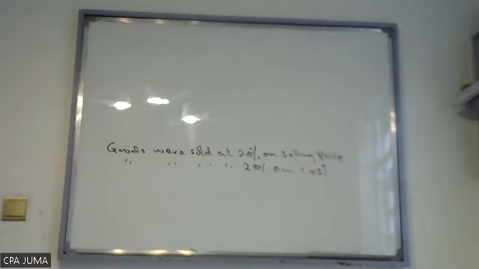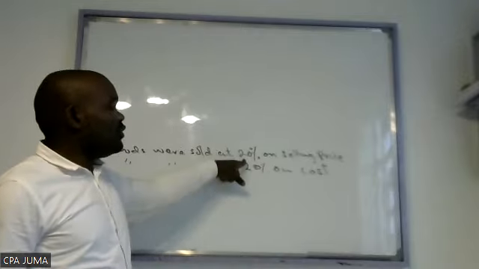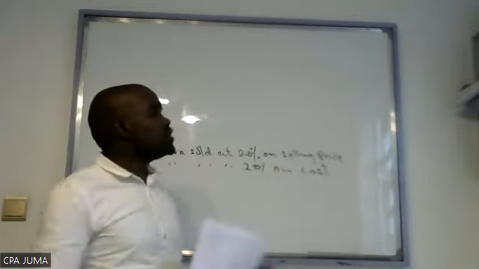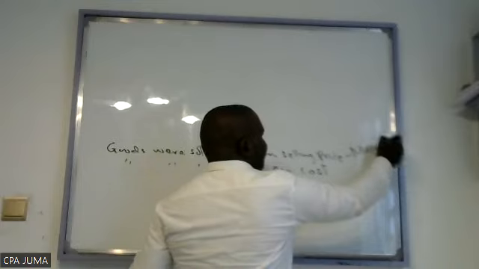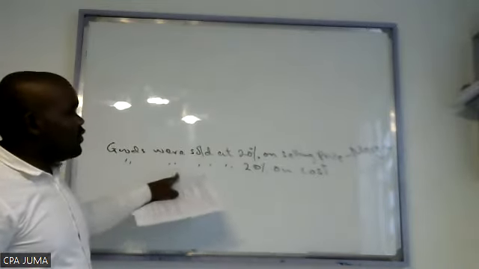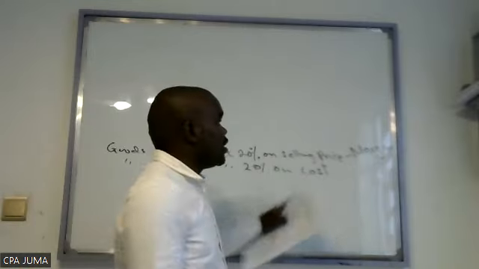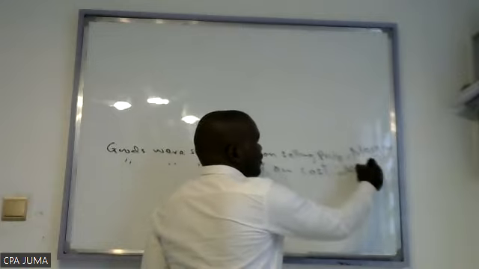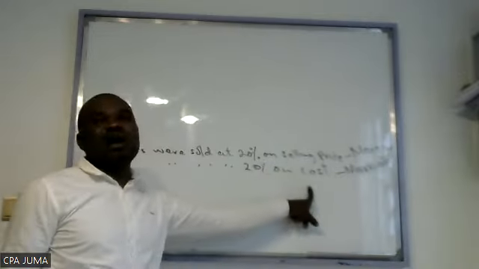The first one, profit on selling price, is margin. But if they say the profit is on cost, then this is not margin. This is markup. Profit on cost is markup.